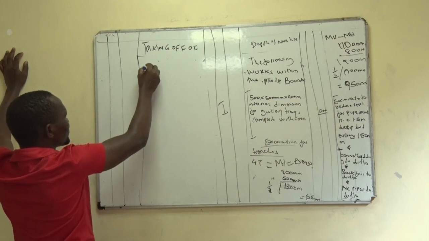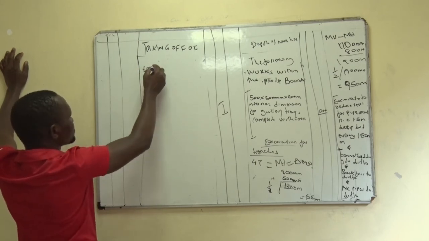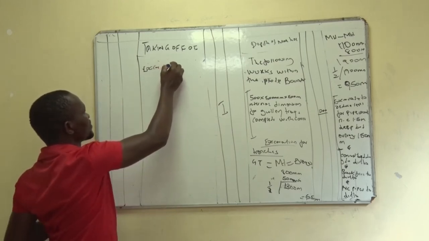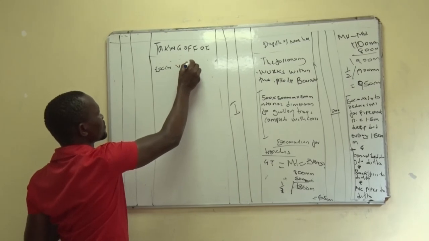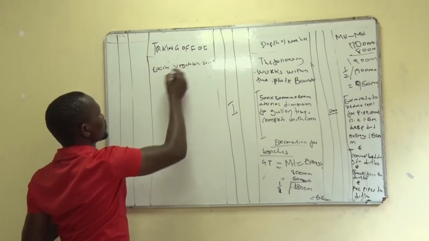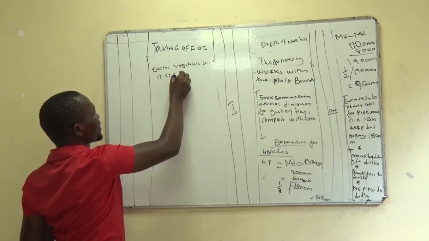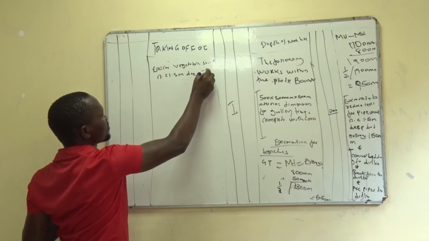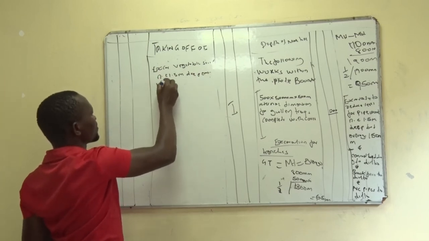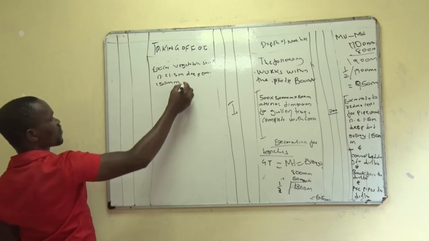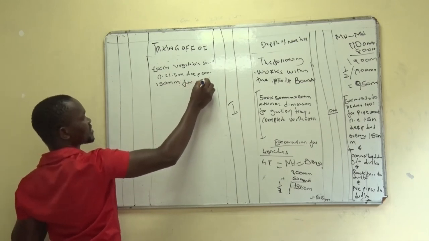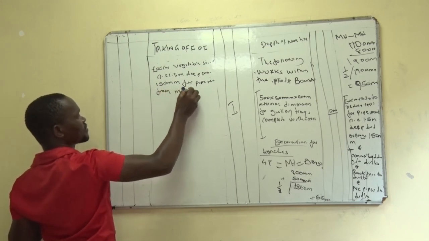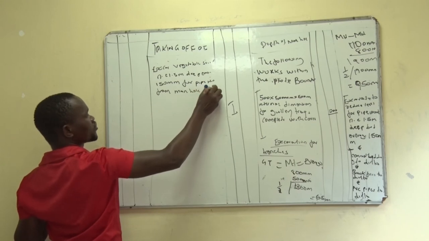So here also we have excavate vegetable soil not exceeding 1.5 meters deep, average 150 millimeters for pipe works from manhole 1 to manhole 2.